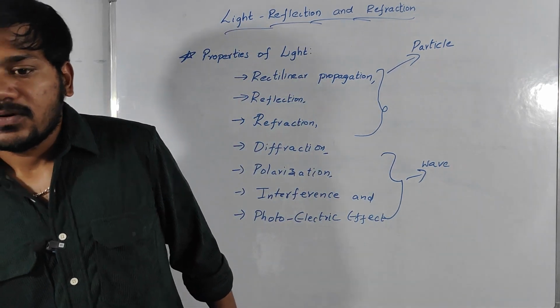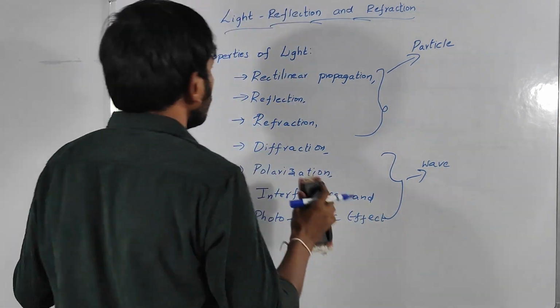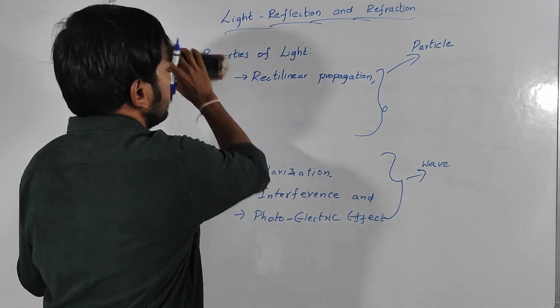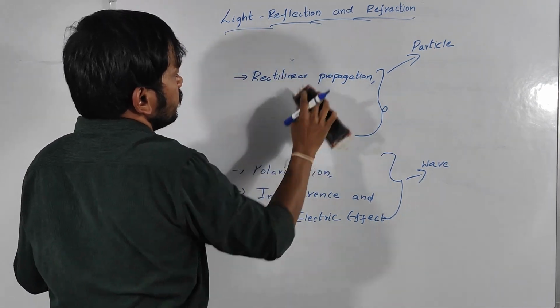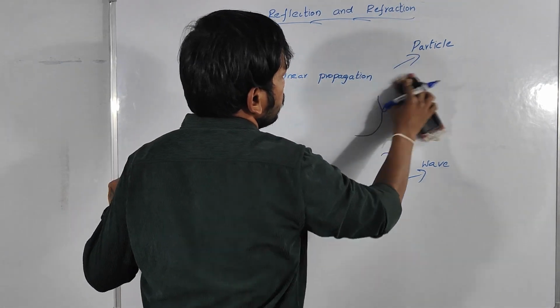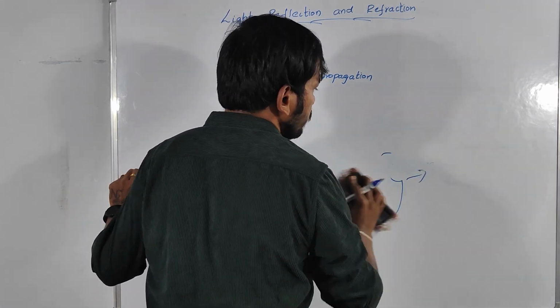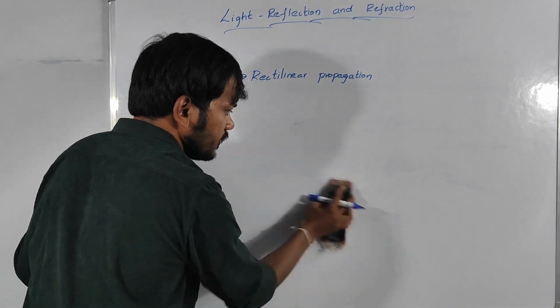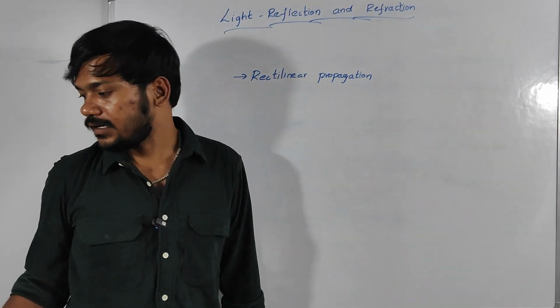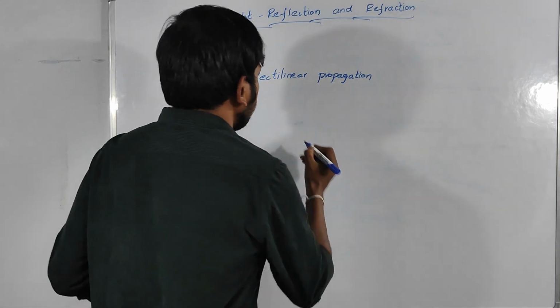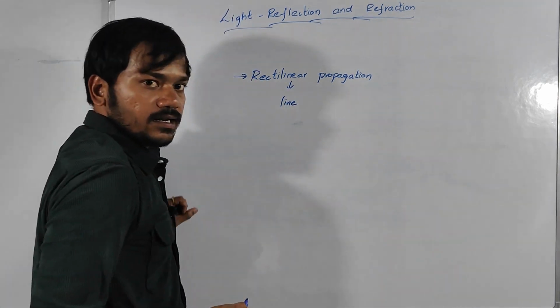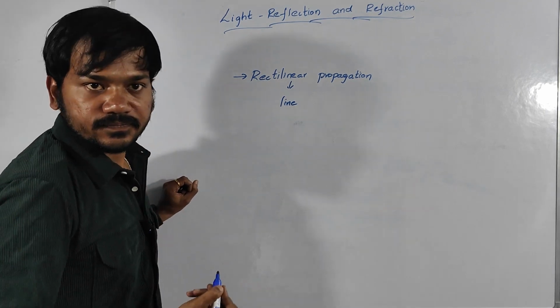Now let us discuss the first property. What is that property? Rectilinear propagation of light. The name itself says it: rectilinear, linear, line, straight line.